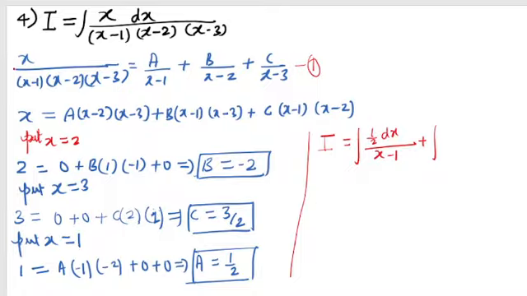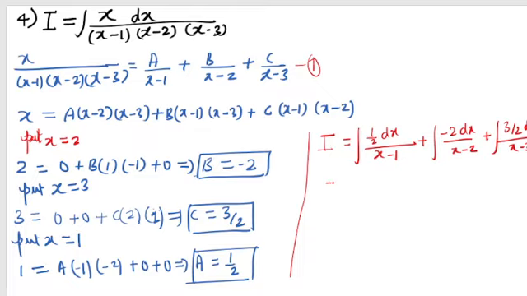So I is equal to b, and b is equal to minus 2, into dx divided by x minus 2. And next c, what is c? c is 3 by 2, into dx divided by x minus 3.